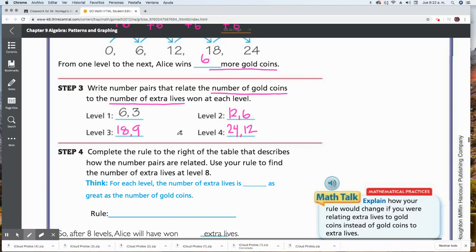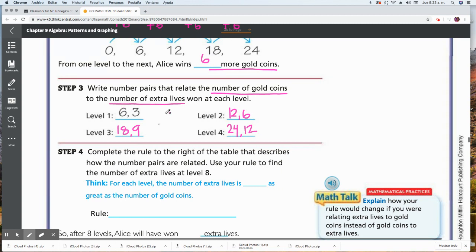So what do you need to do to the 6 to give you 3? Or what can you tell me about the 3 and the 6? So 3 is of 6. 3 is as great as the number of gold coins.